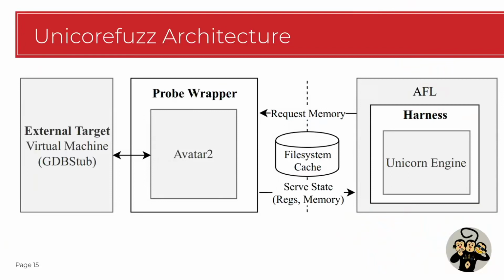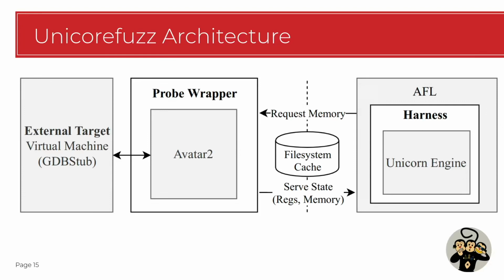So what we do, we have a GDB stub that we can connect to using Avatar2, which is a Python library that can orchestrate your runs. It can also interact with other things than a GDB stub, but so far we've only used the GDB stub. And then on the other side, we have AFL Unicorn.